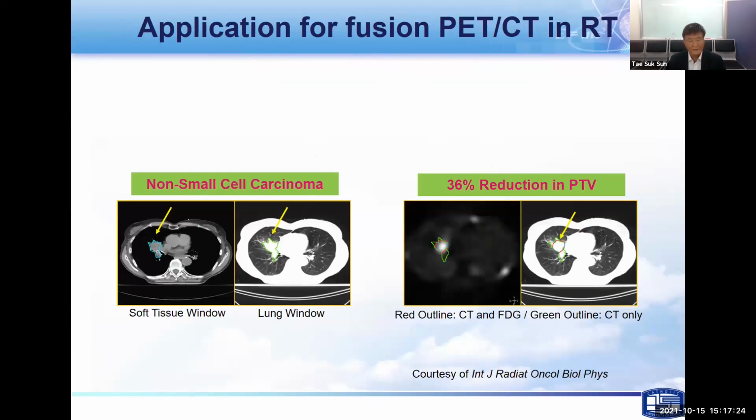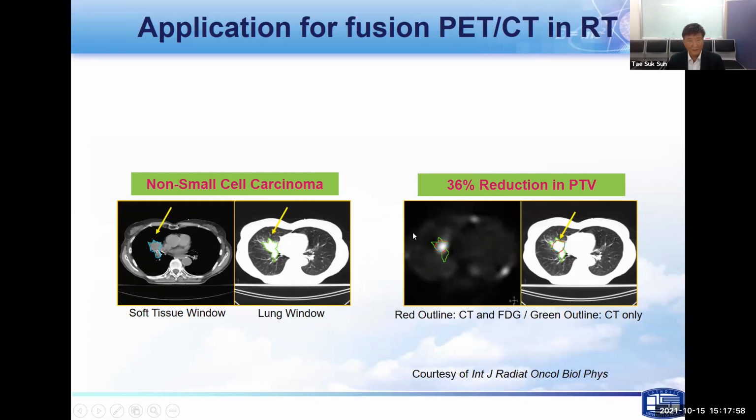And this is another example of utilizing multi-modality images in radiation therapy. This figure shows the tumor shape of non-small cell lung carcinoma. In the left figure, the target is shown by blue and green lines using the soft tissue and lung window of the CT.